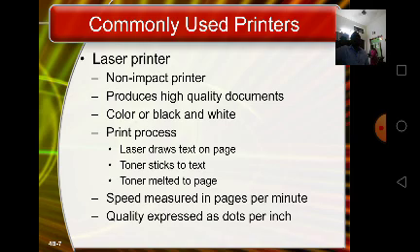Toner, which is composed of tiny particles of ink, sticks to the drum in the places the laser has charged. Then, with pressure and heat, the toner is transferred off the drum onto the paper.